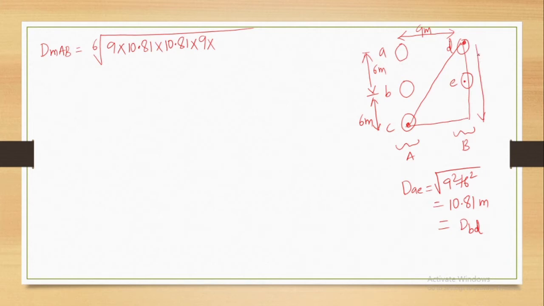This total distance is 12. And what is this horizontal distance? 6. So what is the value of DCD? DCD is equal to root of 12 square plus 6 square. So what is root of 12 square plus 6 square? Please evaluate this.